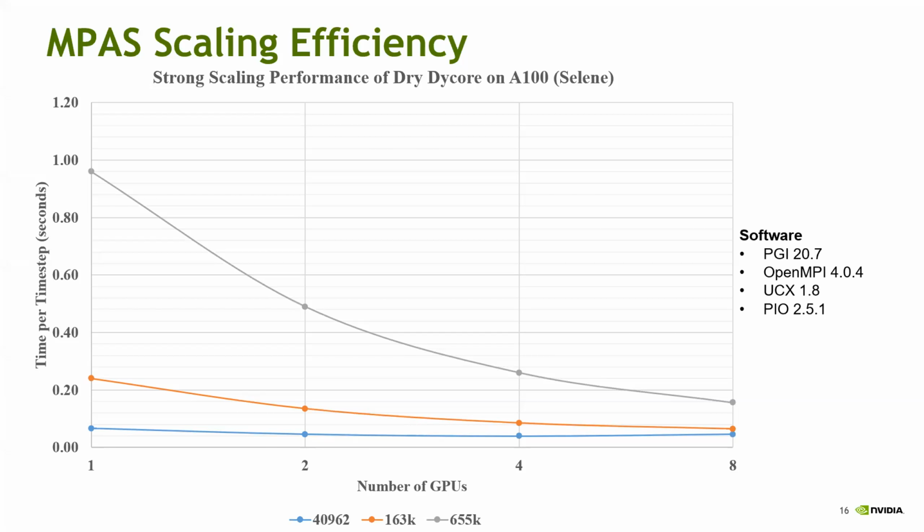Looking at, again, the intra-node strong scaling, on the A100, we can still see that it's performing significantly better. We continue to see the same 1.6 to 1.8x performance improvement on the Ampere architecture. And not only that, we're also able to run 655,000 points per node on the A100 as well.